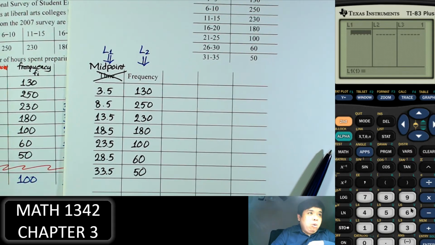Right, L1: 3.5, 8.5, 13.5, 18.5, 23.5, 28.5, and 33.5.